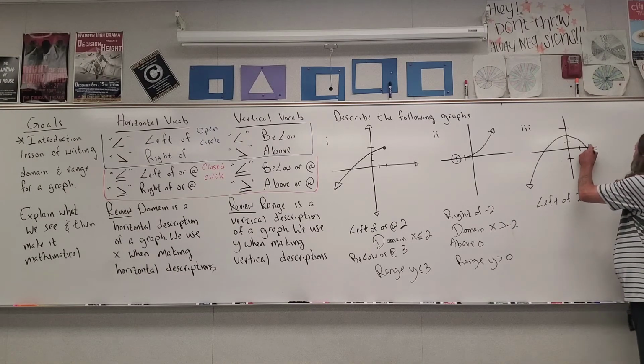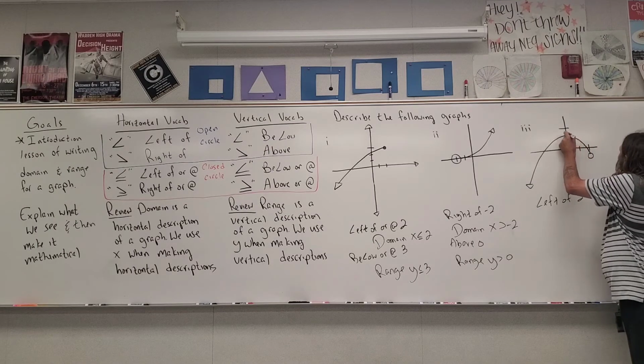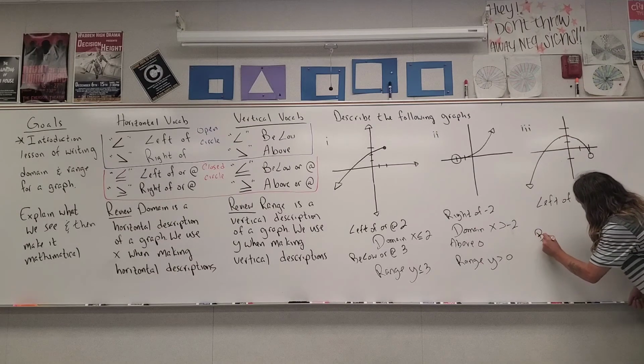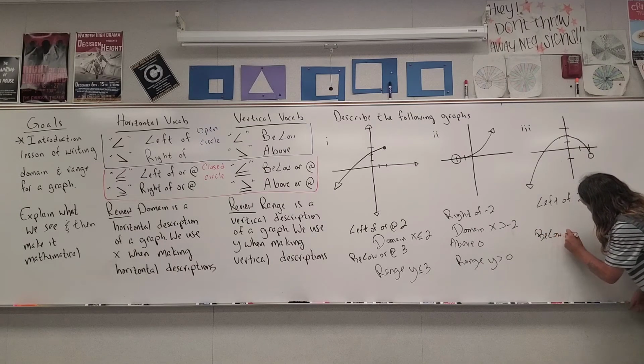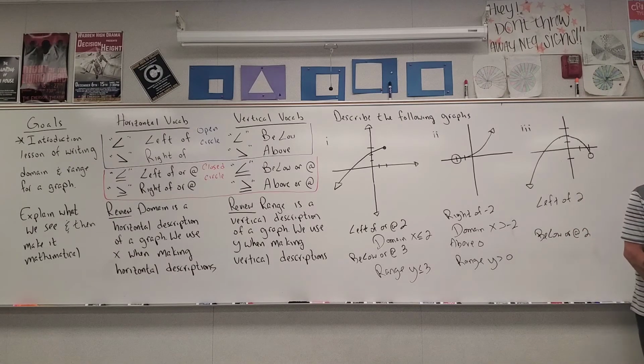And it's at +2 because every dot on this graph is a closed circle. So we are below or at 2 for my vertical description. Not -1, because the graph goes above -1.